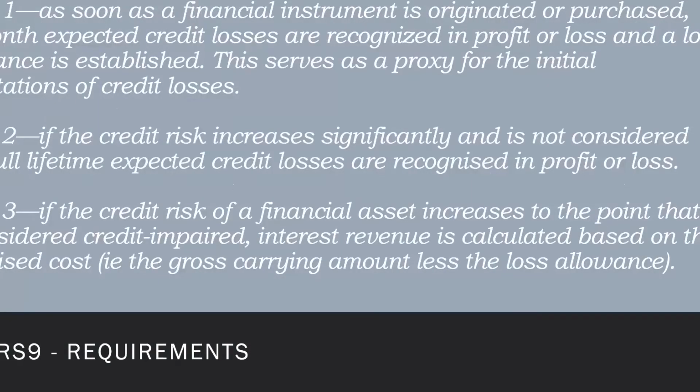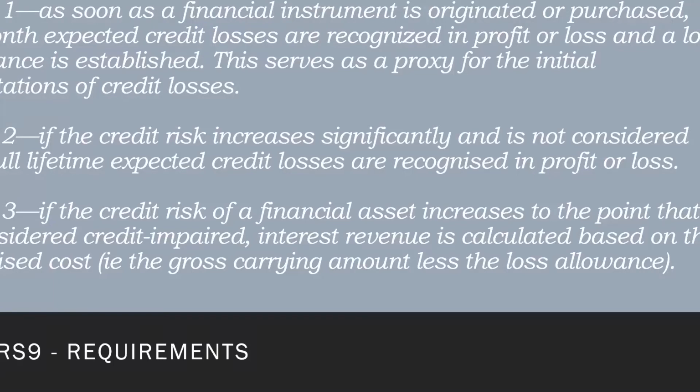So we will dive a little deeper into one of the three topics, which is impairment. And impairment has three stages. At stage one, as soon as a financial instrument is originated or purchased, there are 12-month expected credit losses. If they arise, they are recognized in profit and loss, and a loss allowance is established.